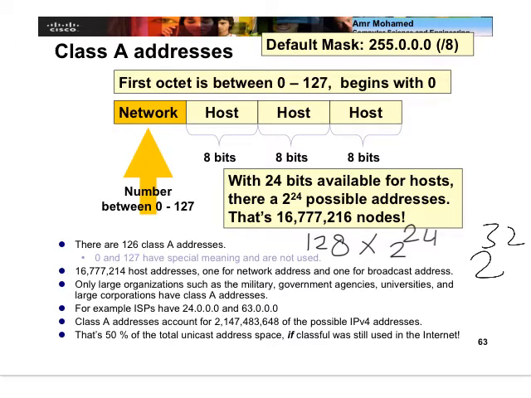So this number turns out to be 50% of that, 2 to the power 31. So we have 2 to the power 31 addresses only in Class A. This is a huge number, of course.